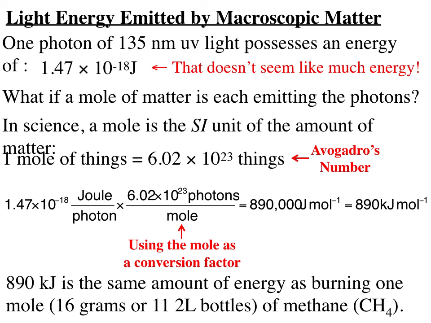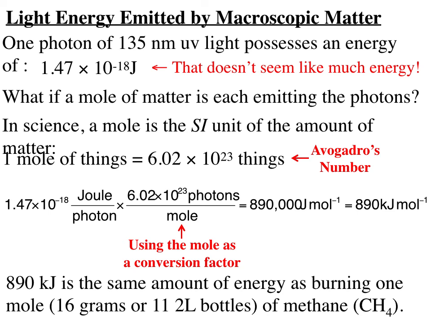But if you, instead of just a single photon of that energy, let's suppose you have the SI unit of the number of things of that energy strike you, or 1 mole of photons of that energy.